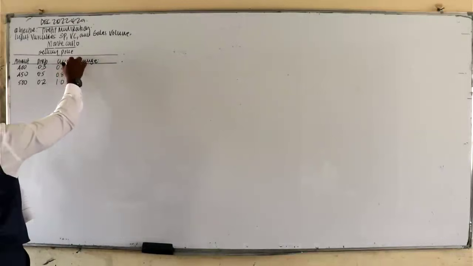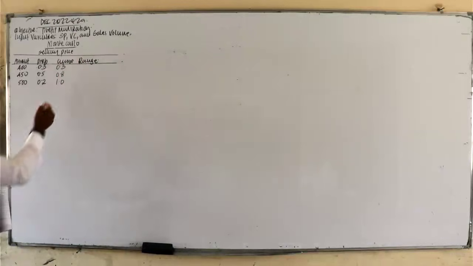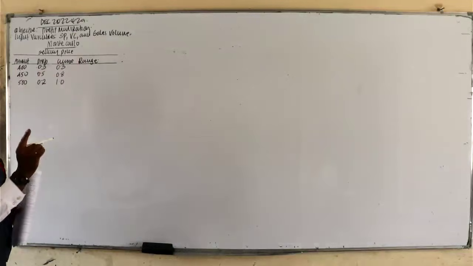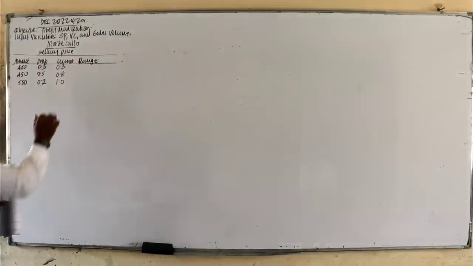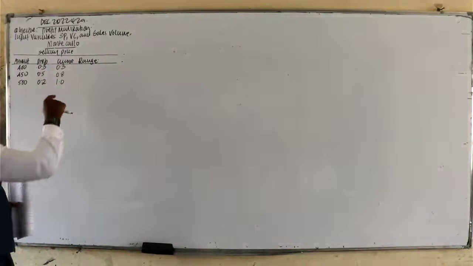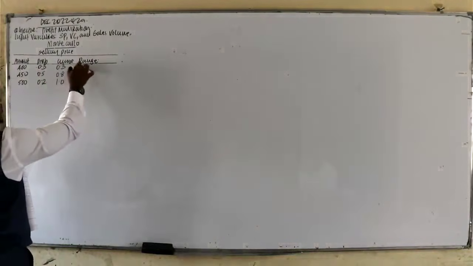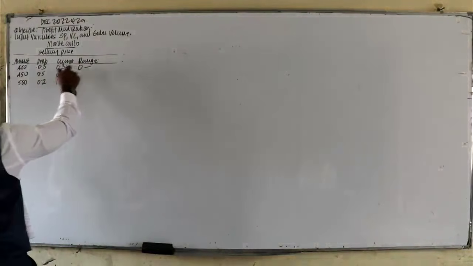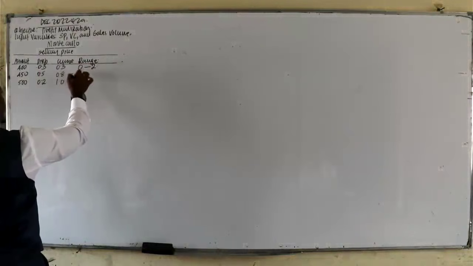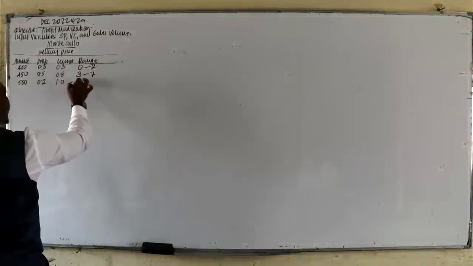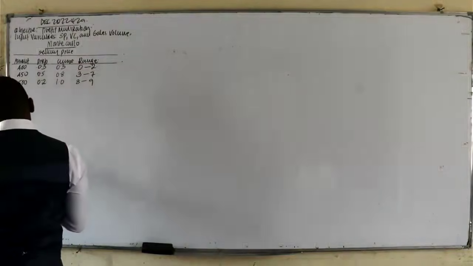Then we range, using the cumulative probability, assuming they are whole numbers. This is 3, not 30. This is 8, not 18, and this is 10. So it will be between 0 and 2, which is 3 minus 1, you get 2. Start from the next number, 3 to 7, and then 8 to 9. Now is the variable cost.